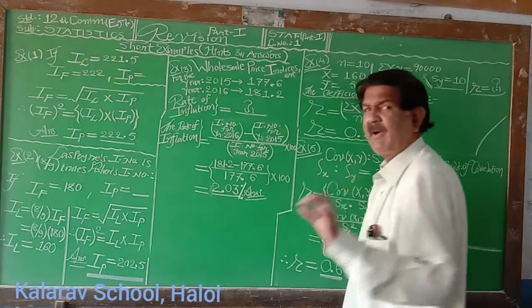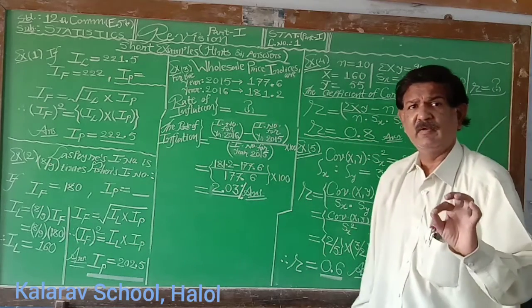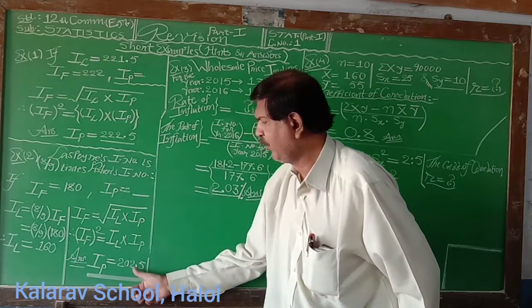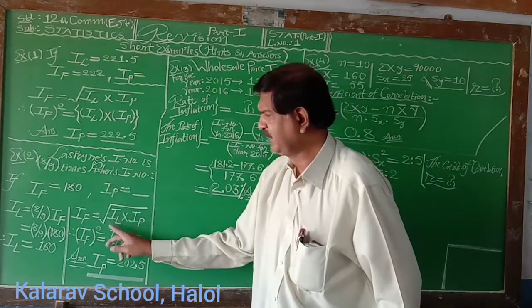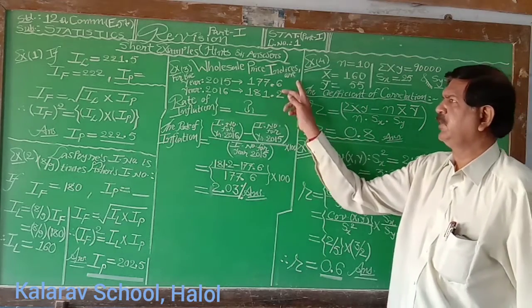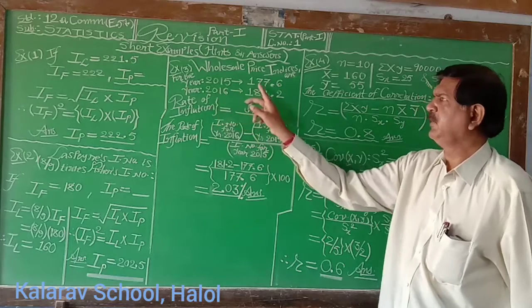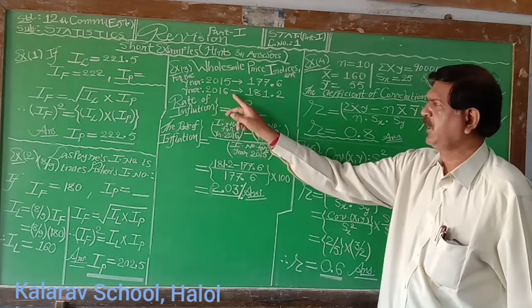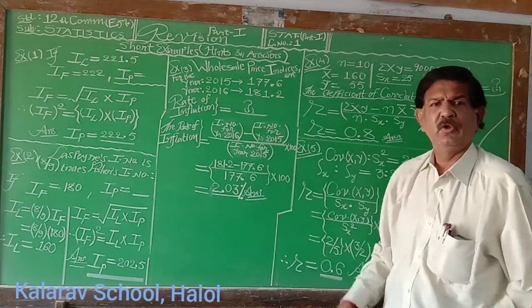You will get by making simplification the final answer IP as 202.5. Formula remains same.